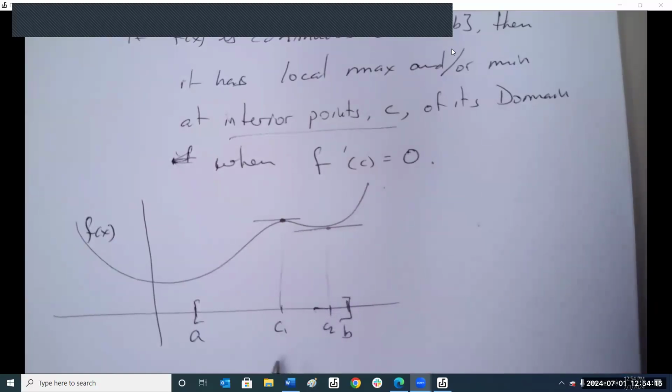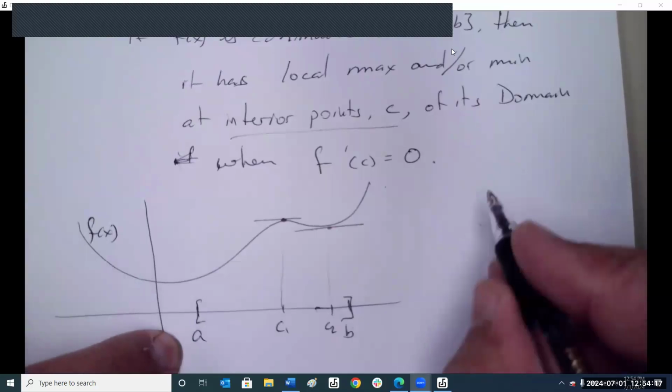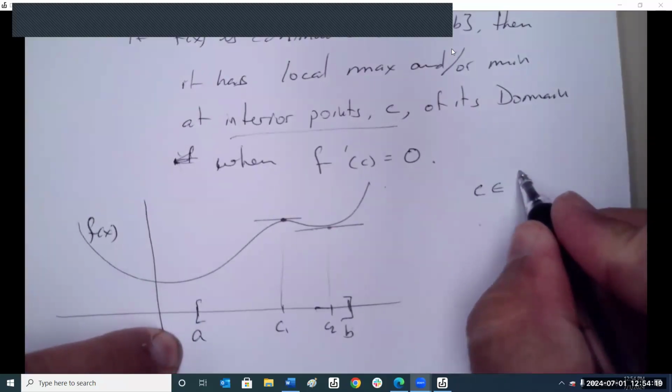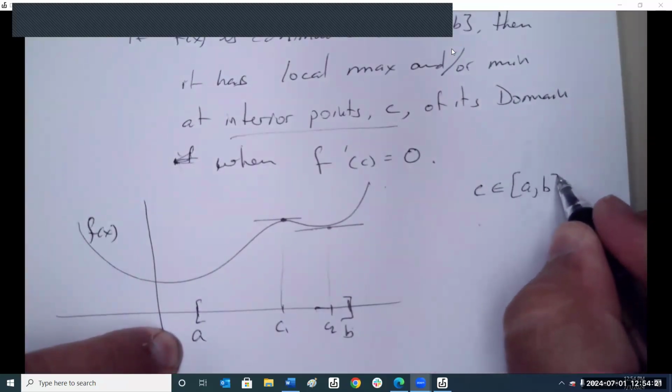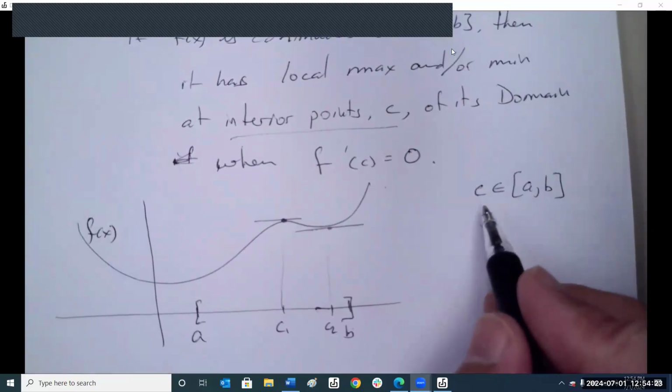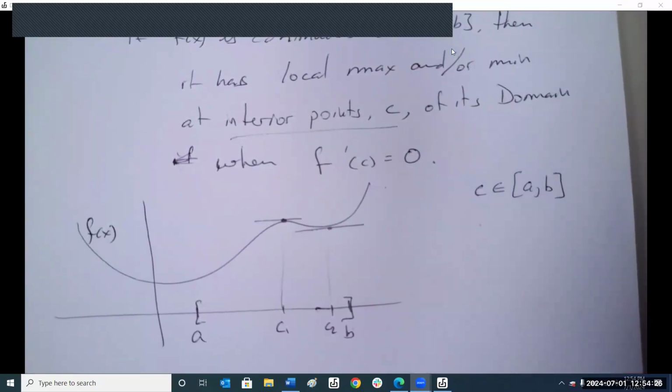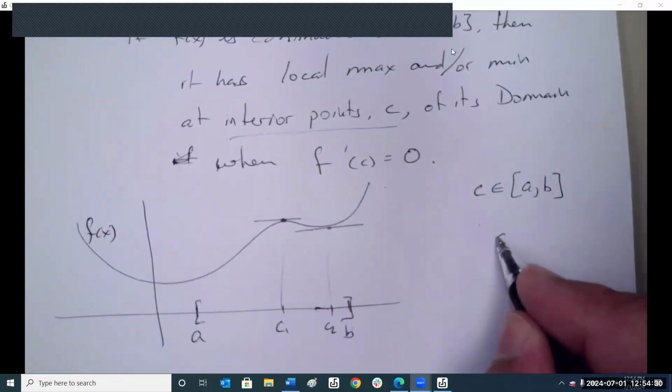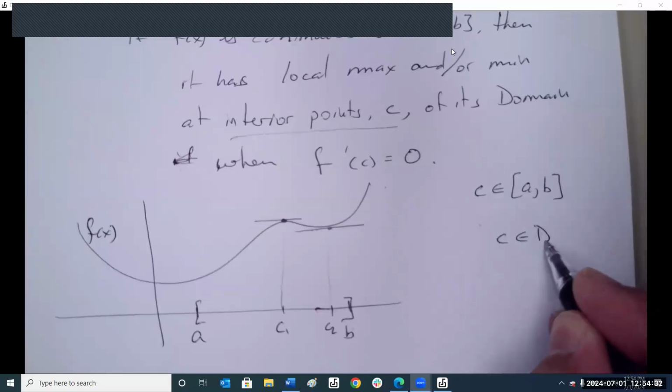As long as the C values are within that domain, that's what it says here. That's what defines an interior point. It has to be within that domain, or C is contained within that domain.